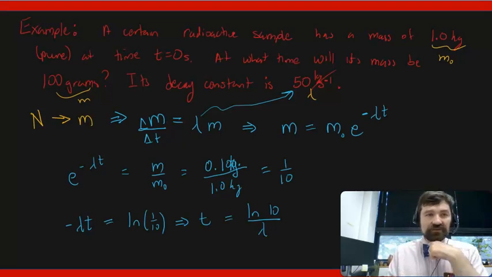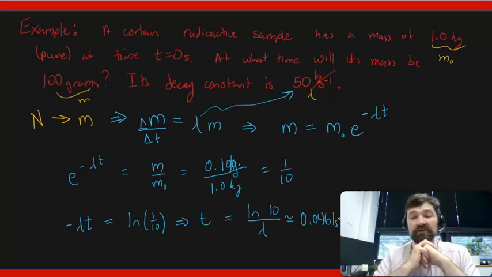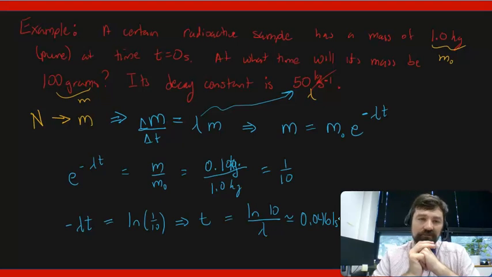This right here, as it turns out, is about 0.0461 seconds. So after a little under 5 milliseconds, we will, in this case, have reduced our sample from our initial 1 kilogram down to our final of 100 grams.